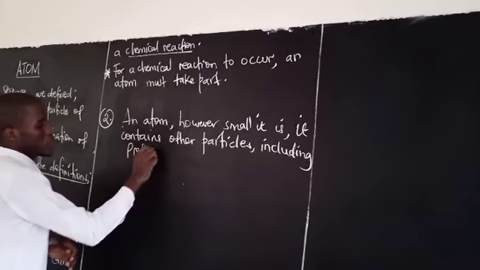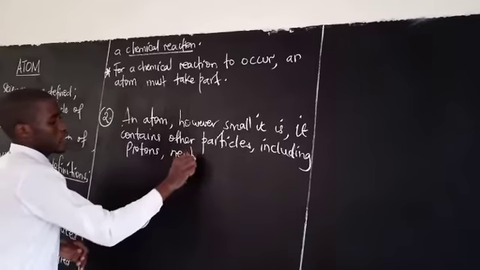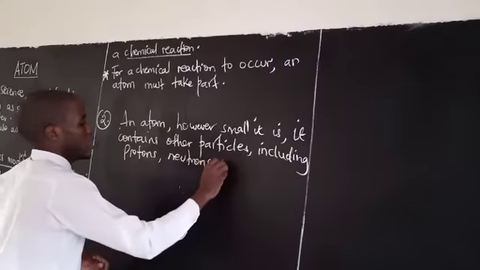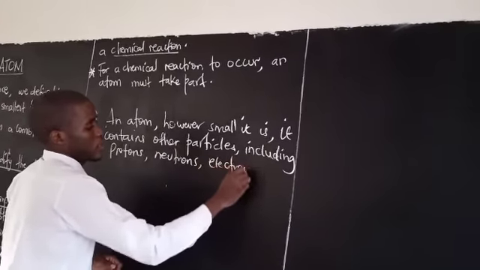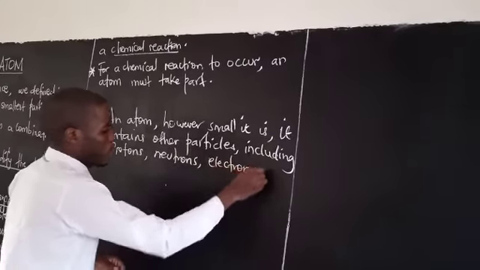And these particles include protons, neutrons, and electrons. Briefly, we can represent an atom with a circle which has a younger circle inside it. Maybe I can shade it because it is younger. And I'm going to put letter P and letter N inside, and I put letter E outside.